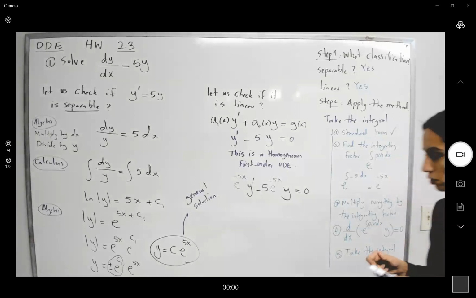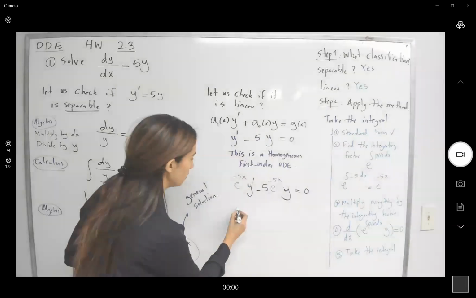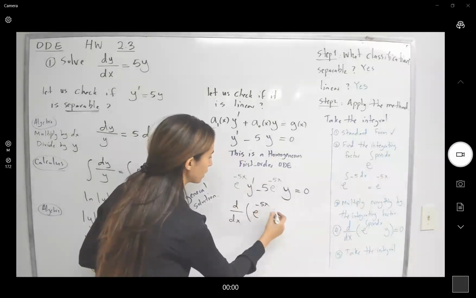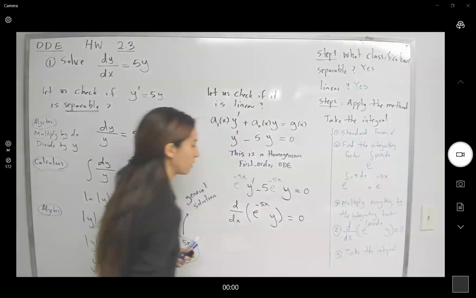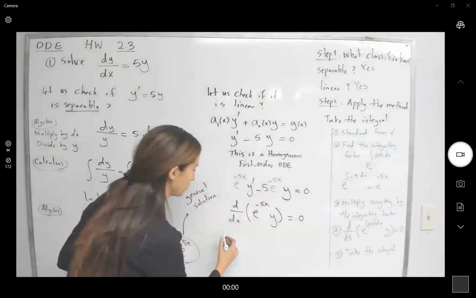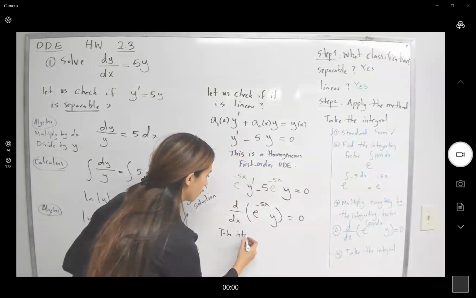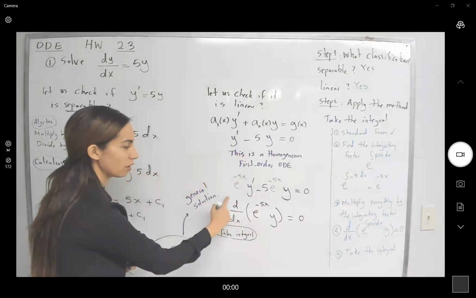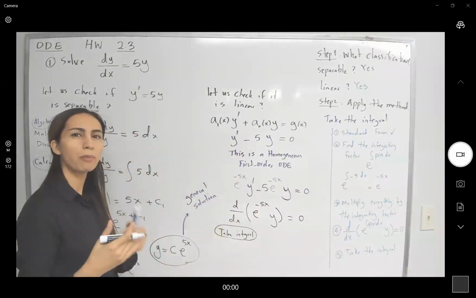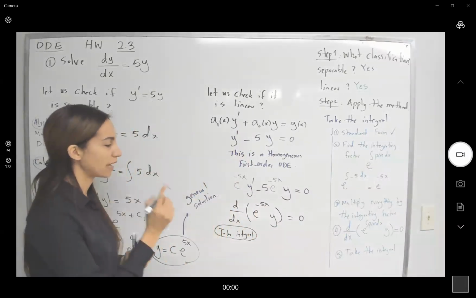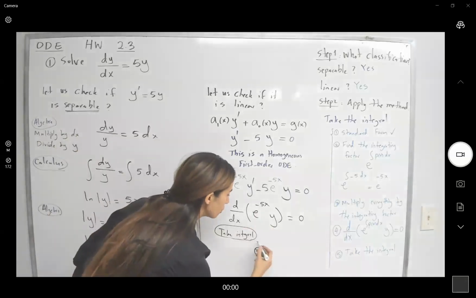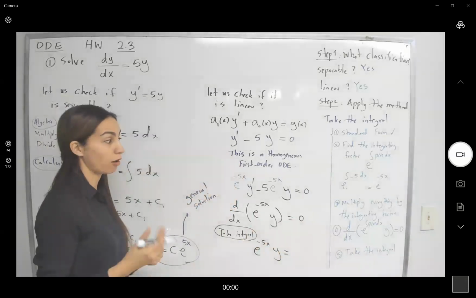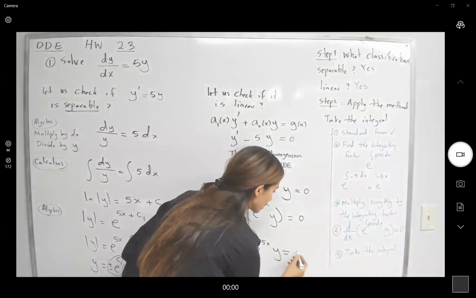Very well. So on the left-hand side, we get d/dx of the integrating factor e to the negative 5x times y. And on the right-hand side, you have 0. Now take the integral. When you're taking the integral, the integral and the derivative are opposite operations, so they cancel out each other. You're left with e to the negative 5x times y equals the integral of 0, which is just a constant like c.